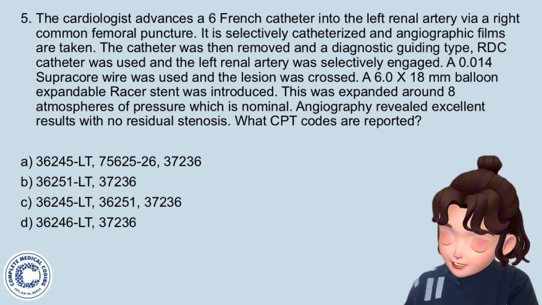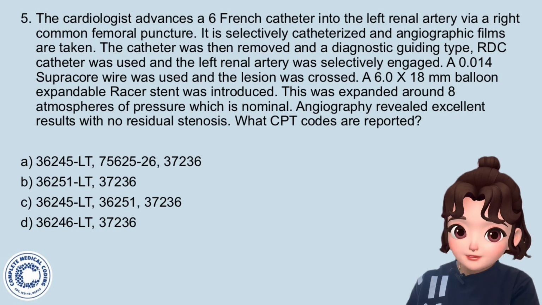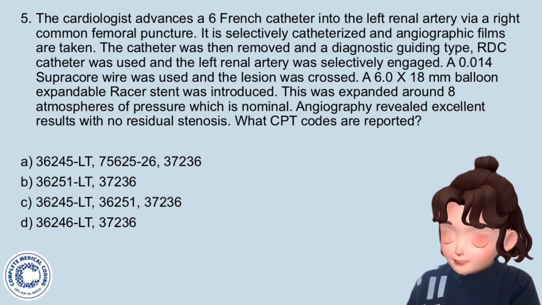Except lower extremity artery, for occlusive disease, open or percutaneous, including radiological supervision and interpretation, and including all angioplasty within the same vessel when performed, initial artery. Yes, this is the initial artery, only one artery, and transcatheter placement of an intravascular stent is the same procedure that we need.